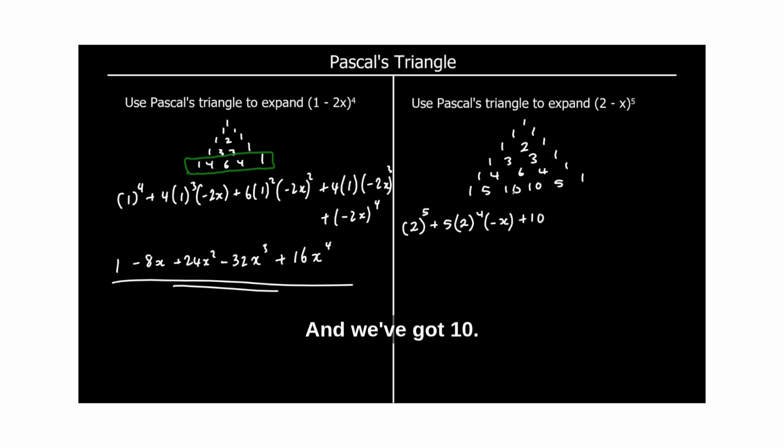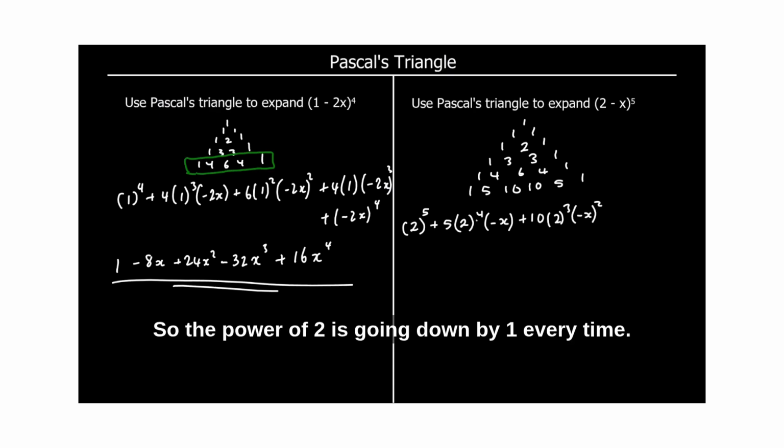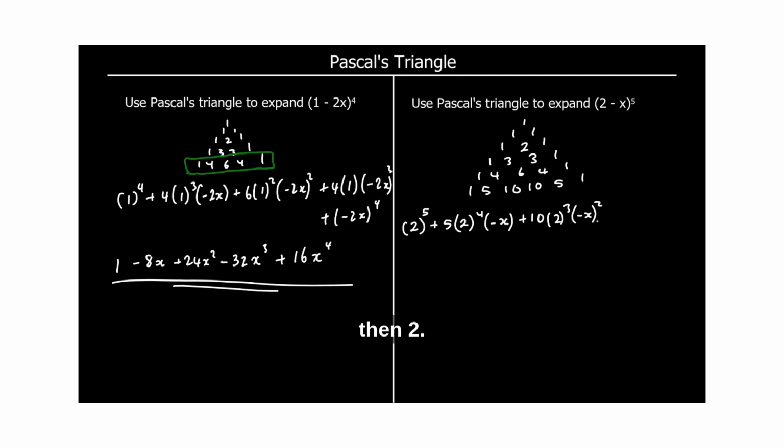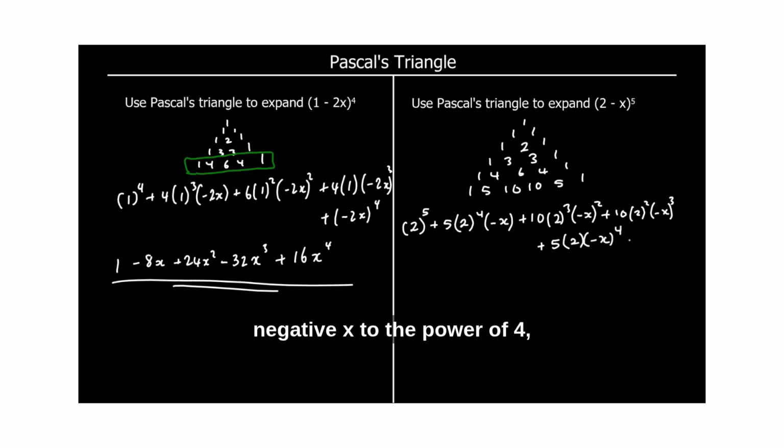And we've got 10. 2 is now cubed, and negative x is squared. So the power of 2 is going down by 1 every time. The power of negative x has gone 0, then 1, then 2. Then we have 10 again, and it's 2 squared, negative x cubed, and then 5, 2 to the power of 1, negative x to the power of 4, and then 1 times 2 to the power of 0, negative x to the power of 5.